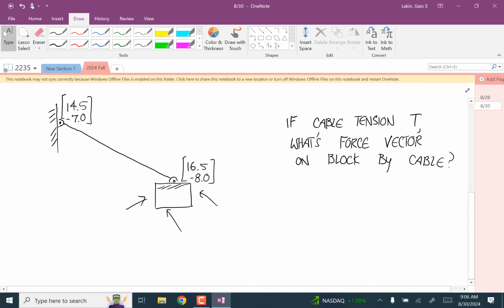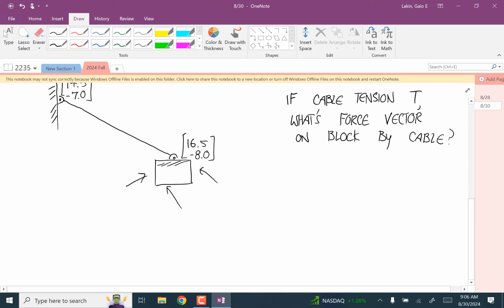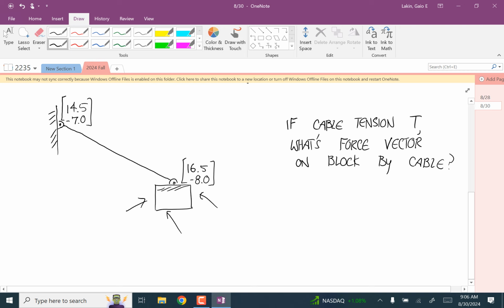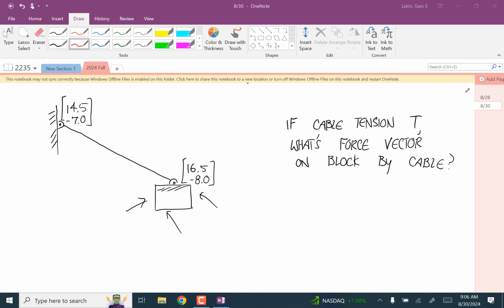Well, what's the direction of the force this cable applies to the box? You'd have to remember this from Physics 1, but this cable force goes away from the body toward the other side of the cable. So we know that the direction is that way, okay?